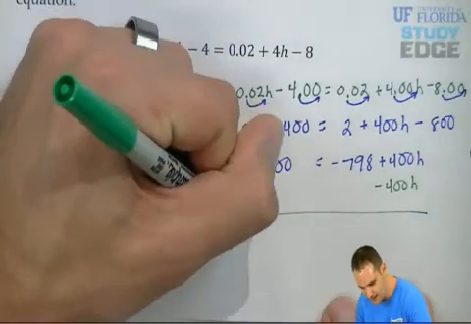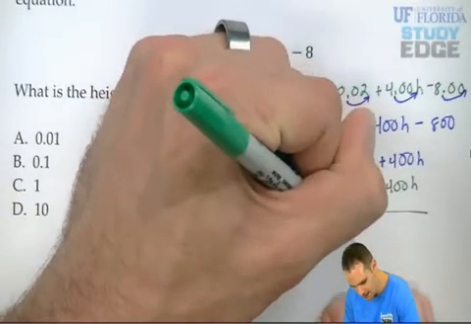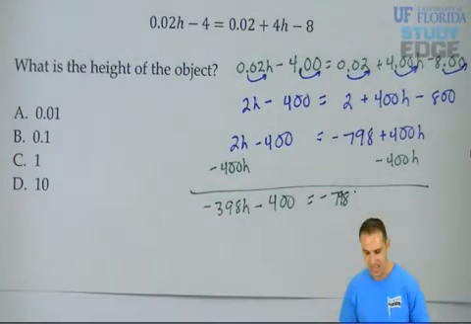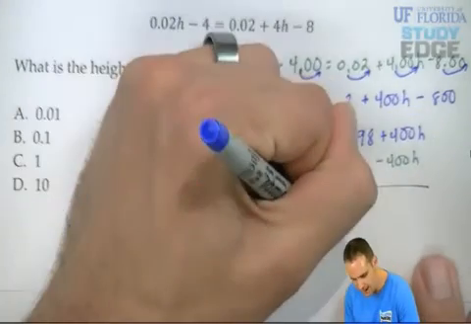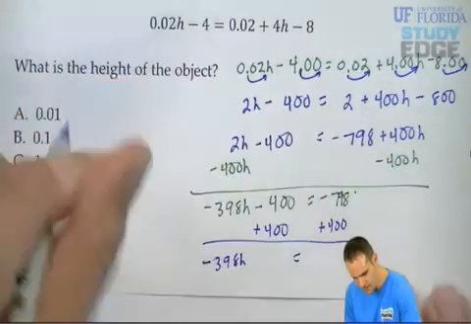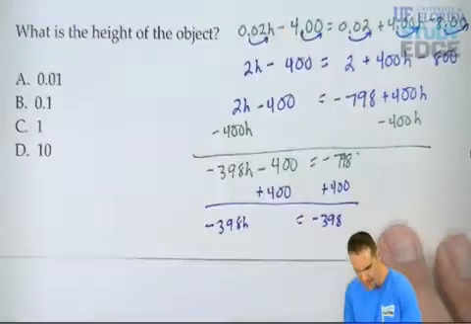Negative 398h minus 400 equals negative 798. Add 400 to the right. Negative 398h equals, calculate that, and you would get negative 398.